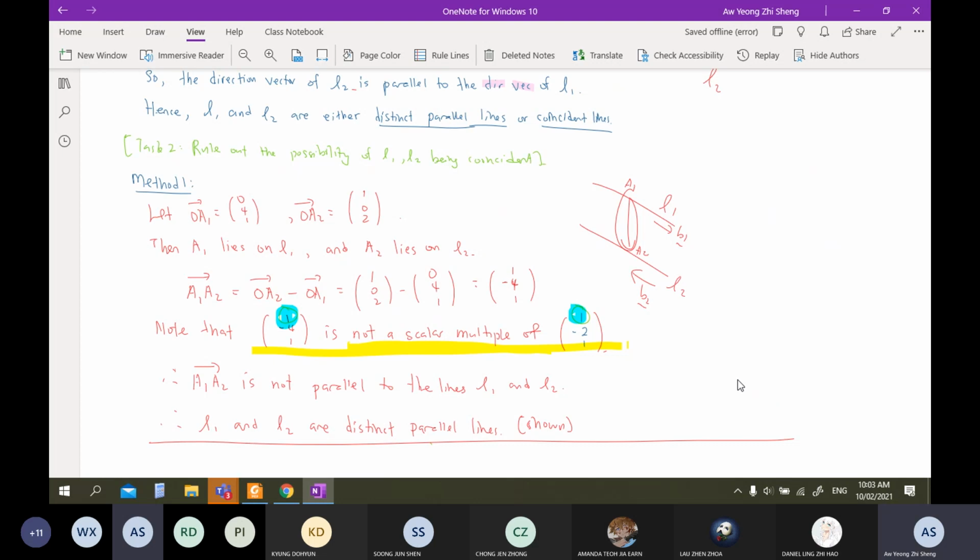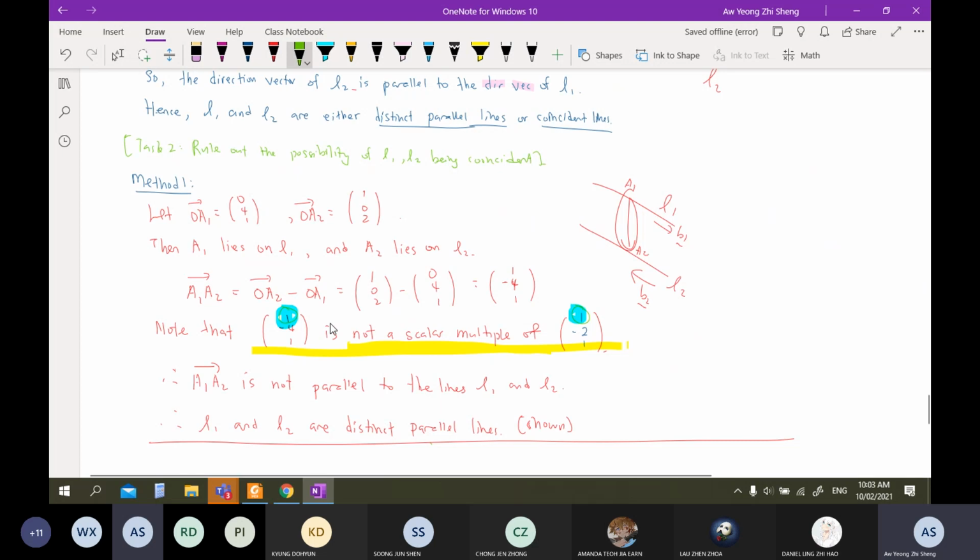Before I move on to method 2, about this yellow colored sentence here, there are other ways of writing this sentence. Alternative ways to write this sentence.